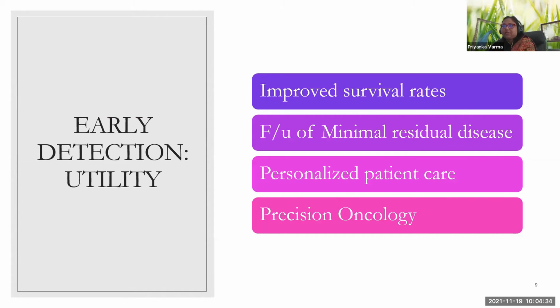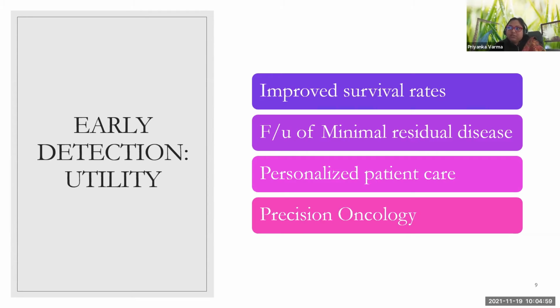So, what exactly is the utility if we detect cancer early? The biomarkers which identify the cancer early can play a very critical role when the results of the diagnostic profiling can be used as prognostic and predictive biomarkers, thereby improving the survival rates, as well as following up for minimal residual disease.